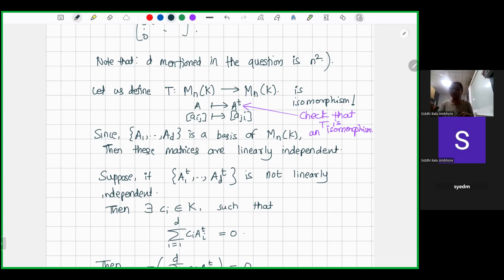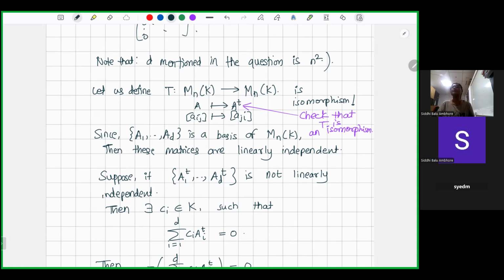And if you do not want to do that, just understand that T itself is the inverse of this linear transformation. So T squared is identity. There are many ways to conclude a given map is an isomorphism or not. One way is to show that it is a bijection, and so on.